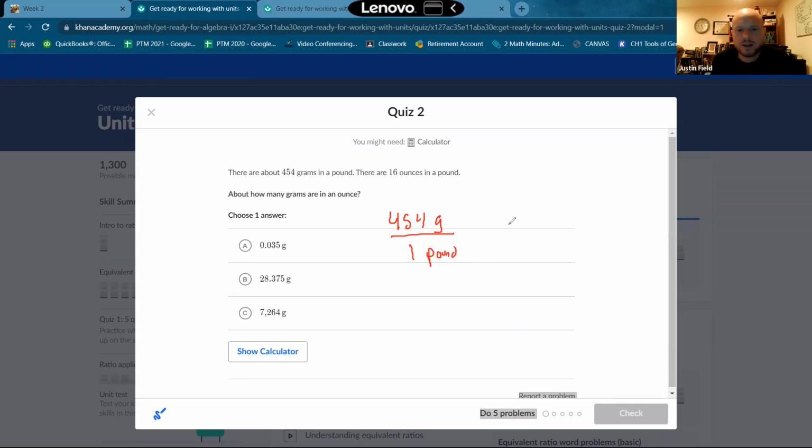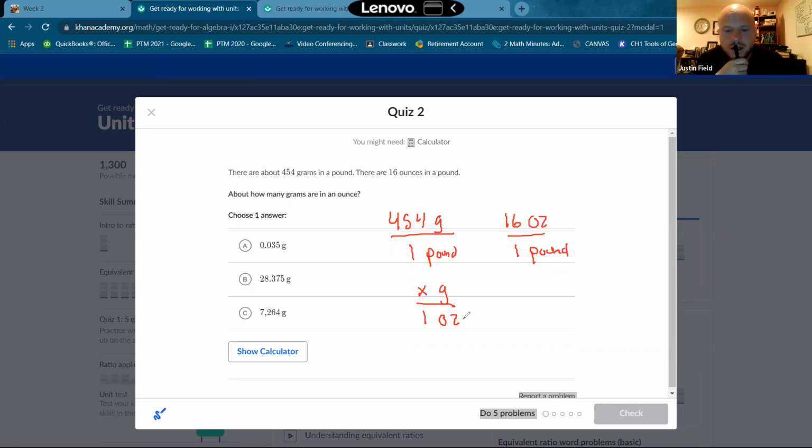And there are 16 ounces in 1 pound. And the question is how many grams? There's X grams in 1 ounce.